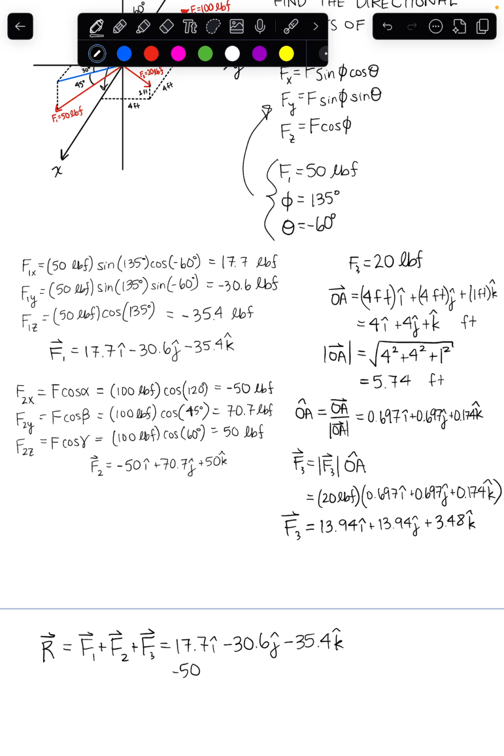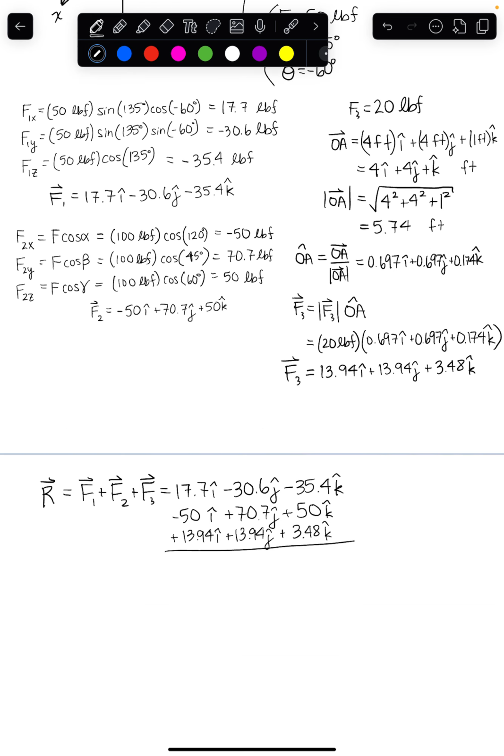So F2 is negative 50 i hat plus 70.7 j hat plus 50 k hat. And F3 is 13.94 i hat plus 13.94 j hat plus 3.48 k hat.